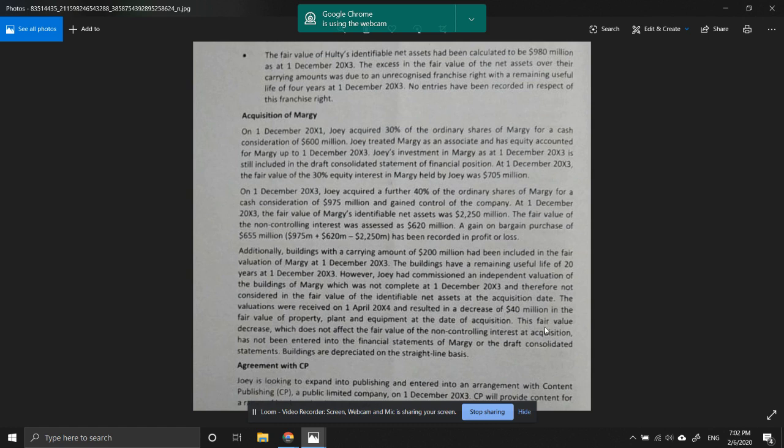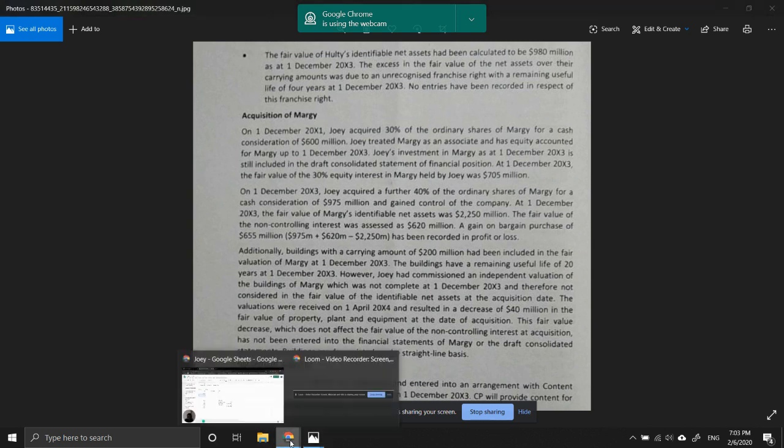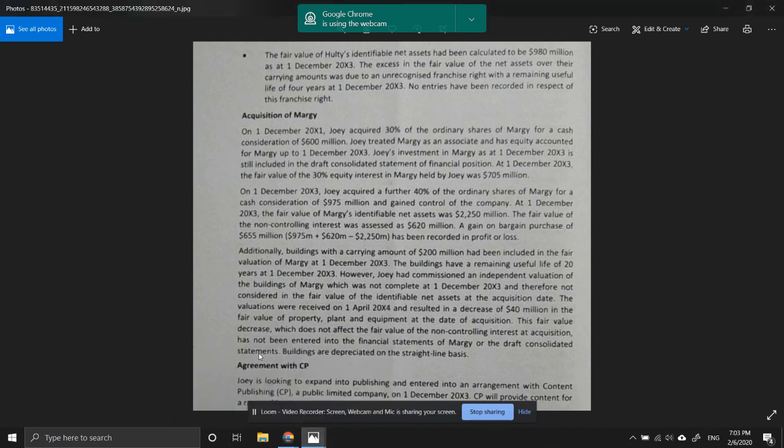The fair value decrease, which does not affect the fair value of the non-controlling interest at acquisition, had not been entered into the financial statements of Margie.